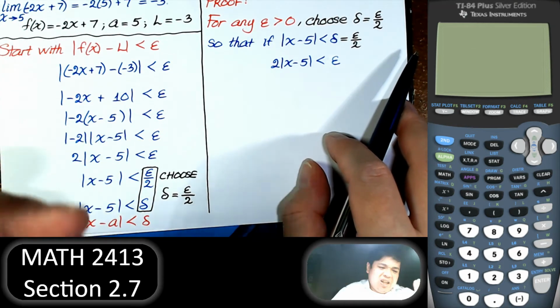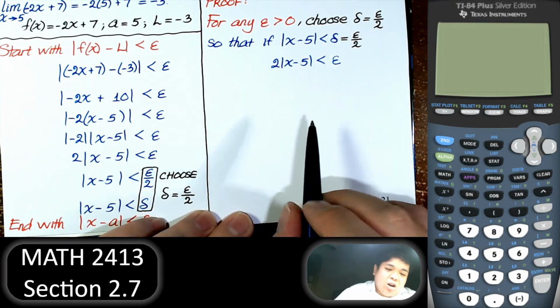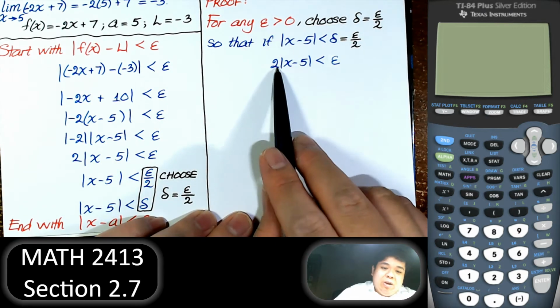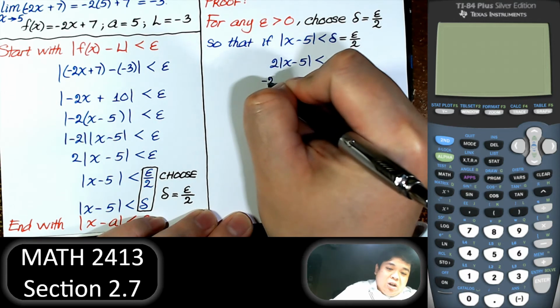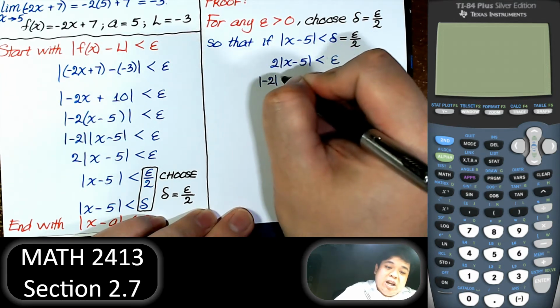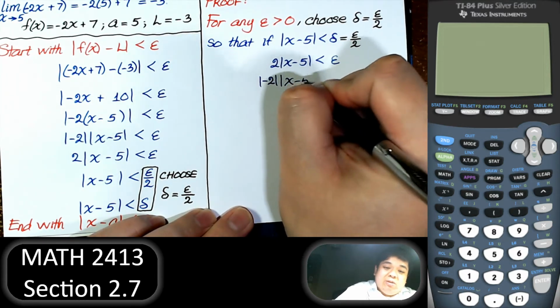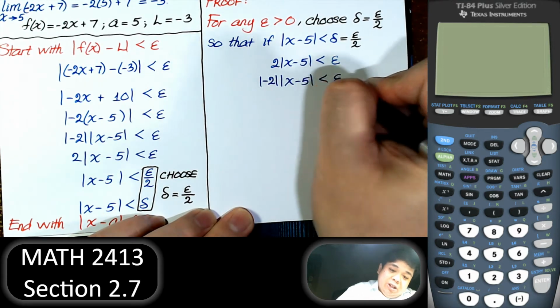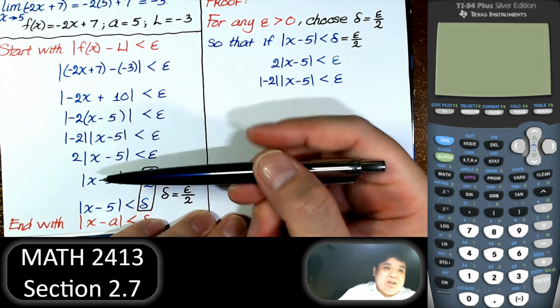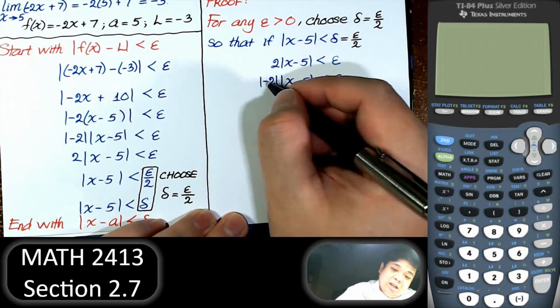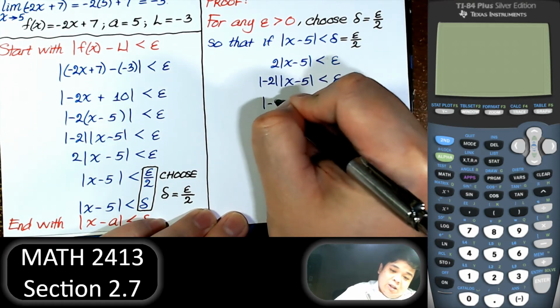Writing in reverse is kind of not, because from here all of a sudden we introduce negative 2. That's kind of not a very intuitive thing to do, but we know we have to do that because we just need to write this in reverse and take the negative 2 inside.